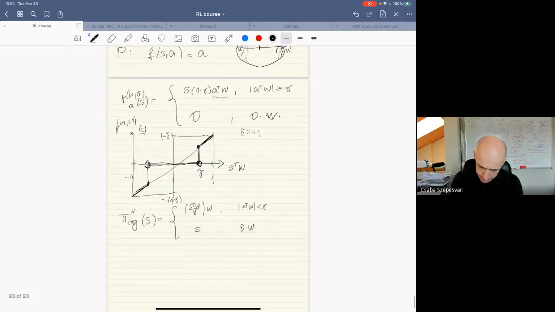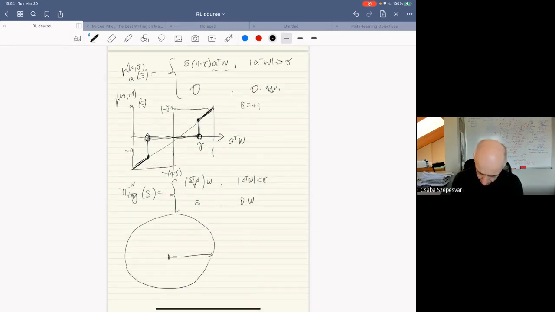So how does this work? Imagine that this is your W, this is your state space, and you're at some state here. And here's your gamma. What's the inner product between W and the state? You take the state, project it down on W, you get this distance. This is the inner product between S and W. You look at this and say, okay, this is on the left side of this line. There's a negative sign as well, so it could be here.